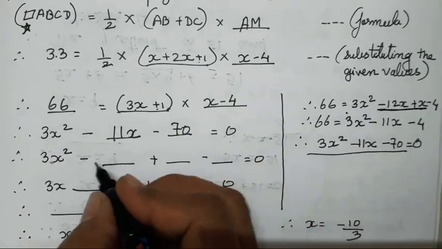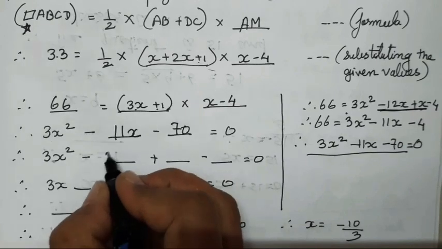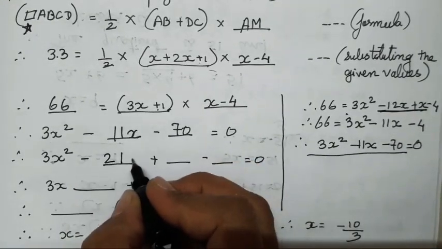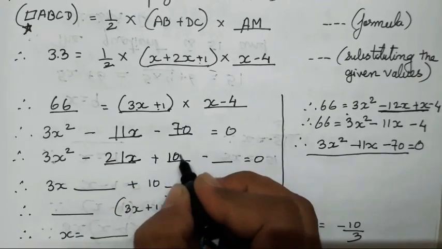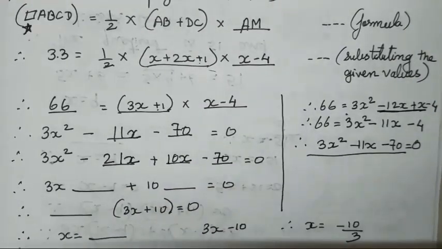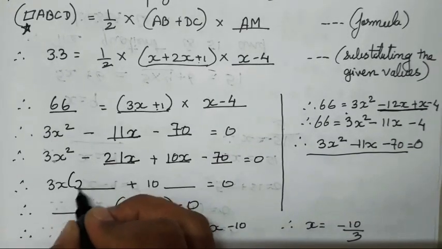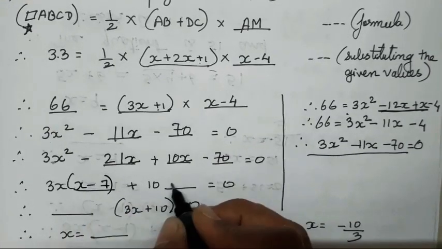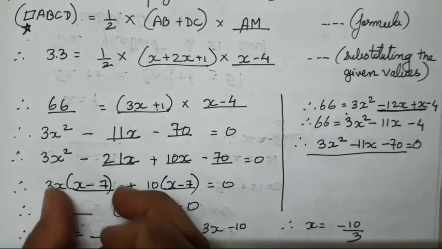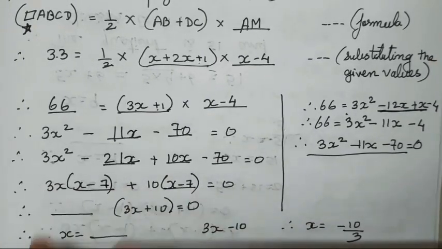Now what we have to do is splitting the middle term. 21 into 10 should be 70, so 3x square minus 21x plus 10x minus 70 is equal to 0. So (x minus 7) and (3x plus 10). From here we have got the common brackets and uncommon ones.